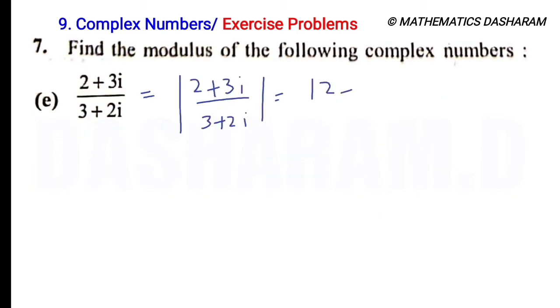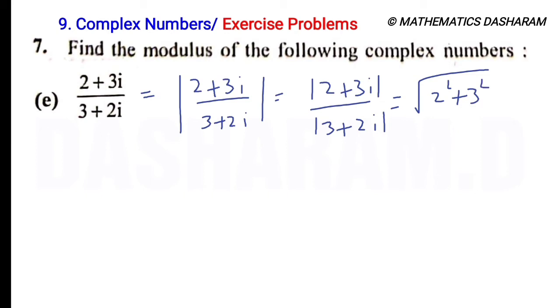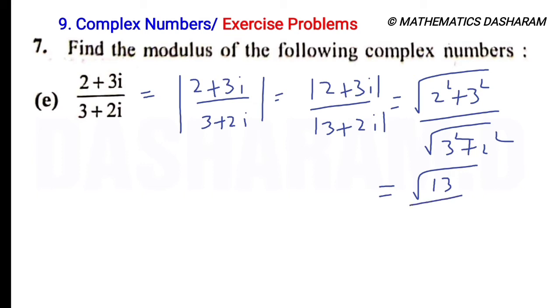So mod 2 plus 3i divided by mod 3 plus 2i is equal to under root 2 square plus 3 square divided by under root 3 square plus 2 square. 2 square is 4, 3 square is 9. So root 13 by root 13, both are cancelled, 1.